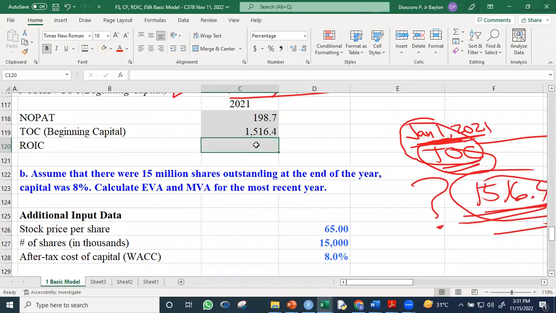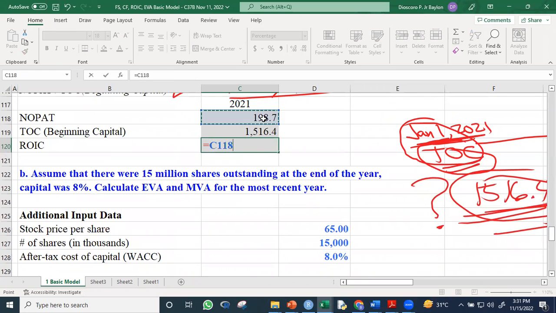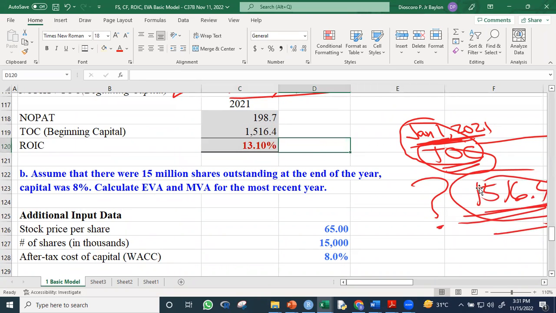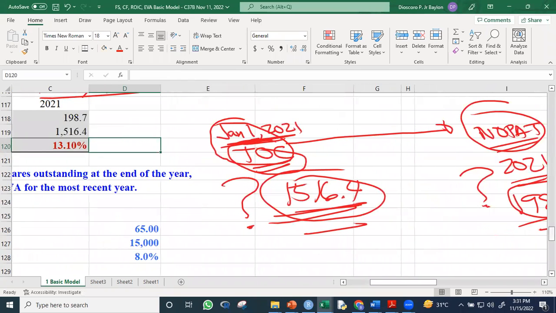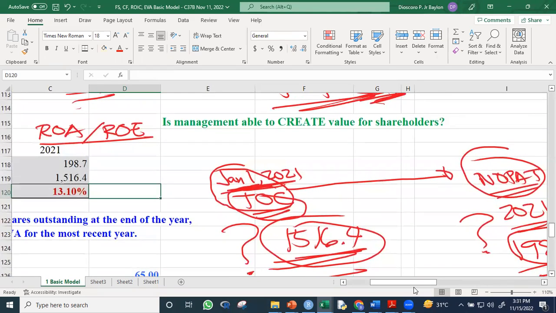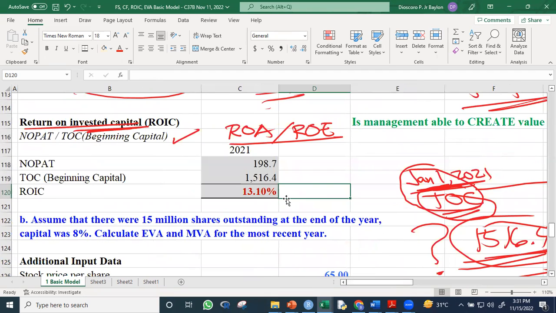Ang ROIC natin will be okay, NOPAT divided by the operating capital. So that's 13.1%. So how do we interpret that? Ano ibig sabihin yan? Ibig sabihin yan, for every 1 peso of operating capital given by management, the company operations generated 13 centavos.